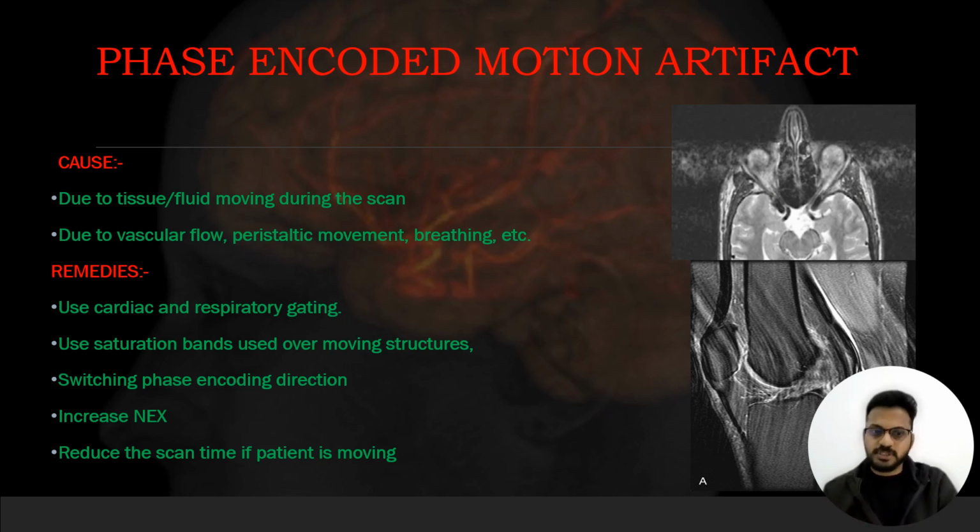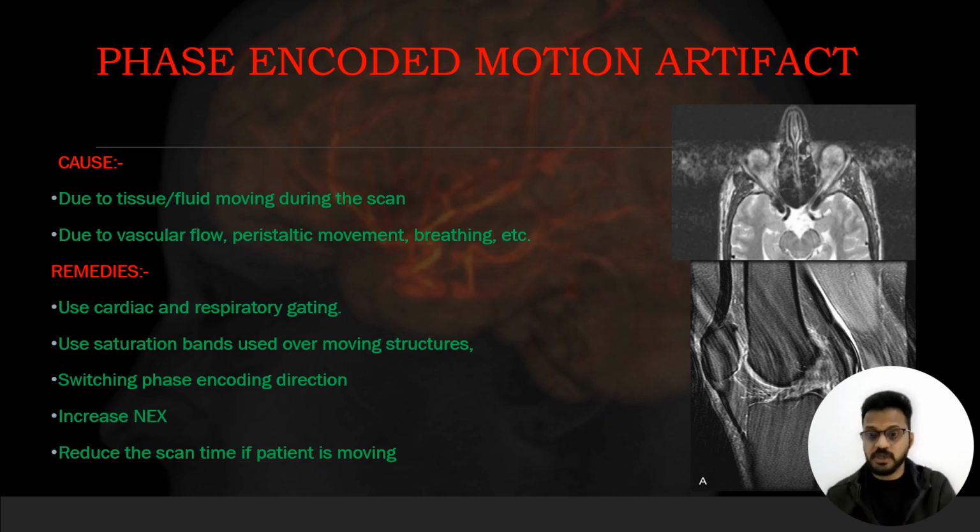To reduce this artifact, we can use saturation bands over the moving structure. For example, while acquiring spine imaging, we can use a saturation band over the neck or the abdominal region to avoid peristaltic or respiratory movement.